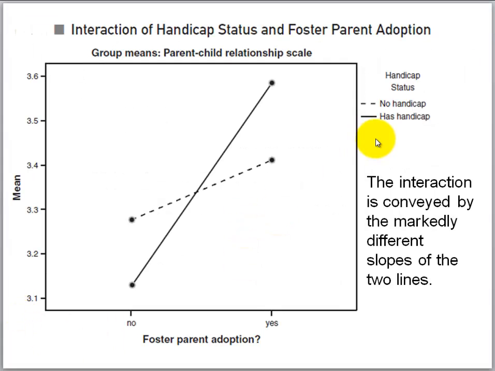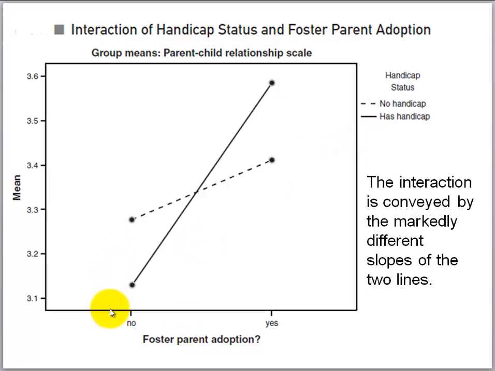Most statistical software package ANOVA programs will plot mean scores for your different subgroups. So here you're seeing the mean scores for the different groups on a plot. And I'll interpret the interaction in one way.